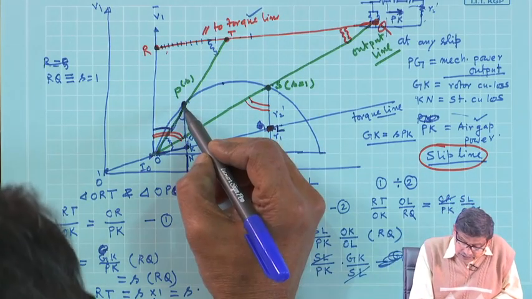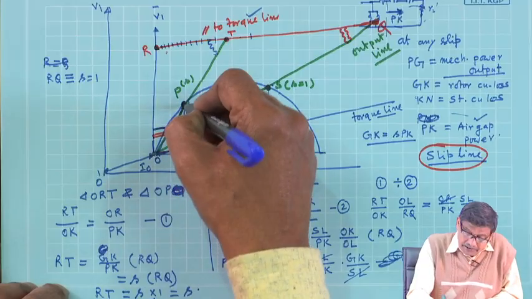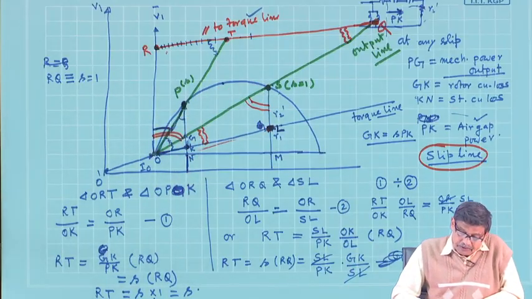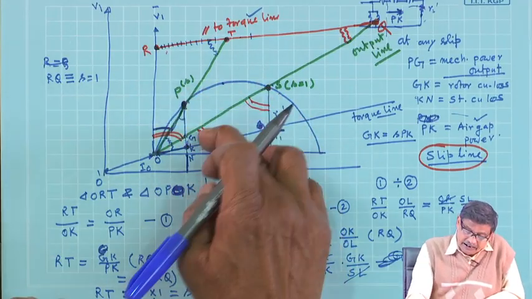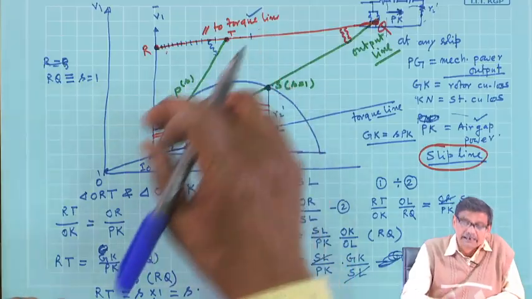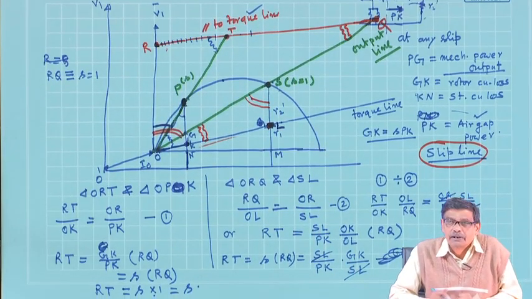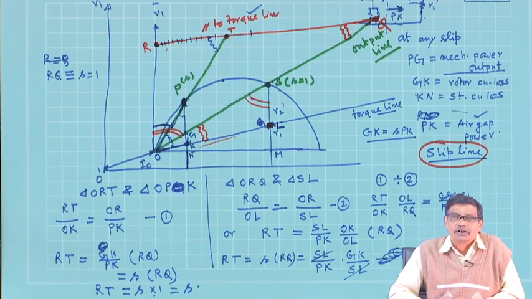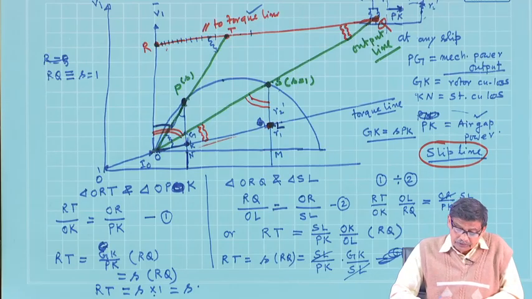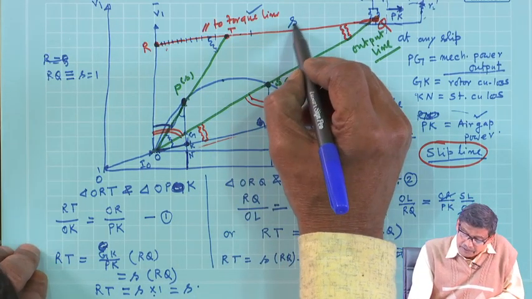And once I go to that operating point, I know everything: total input power, air gap power, mechanical output power, torque developed by the machine, and so on. So this is called the slip line.